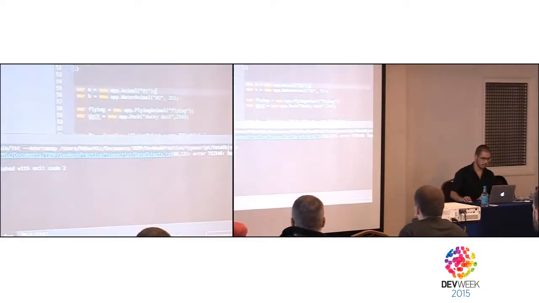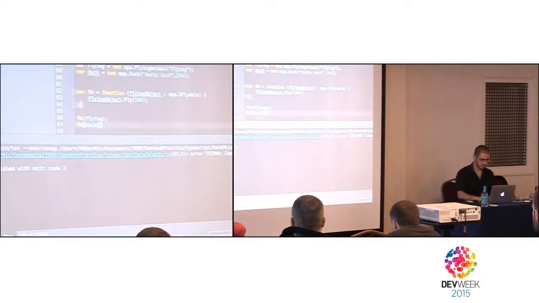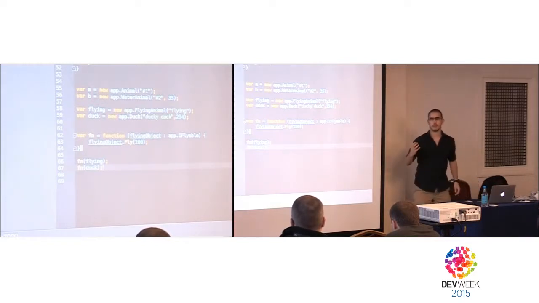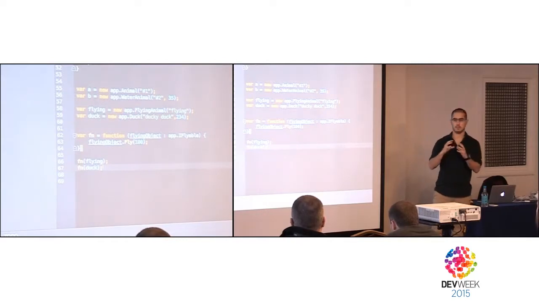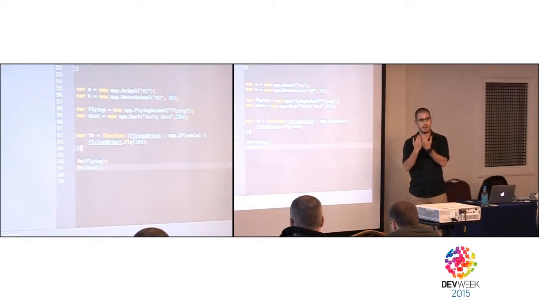Great. So now if I call the fn with the duck object, it would work. This is an interesting way to look at interfaces, because when we look at interfaces in .NET, we specify in each class that I am implementing the interface, and then I have to actually implement it.